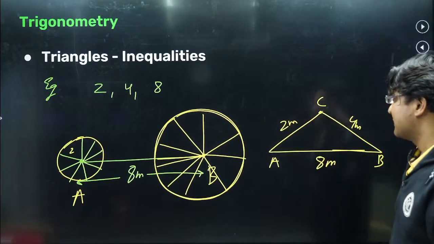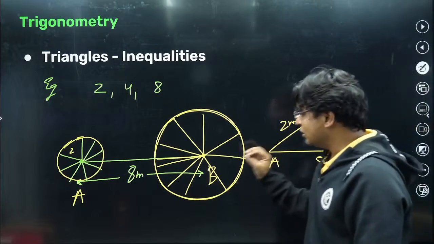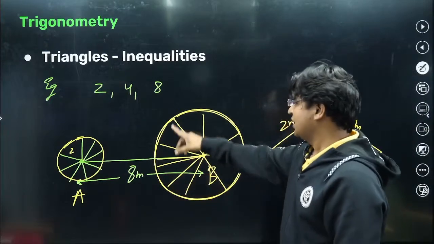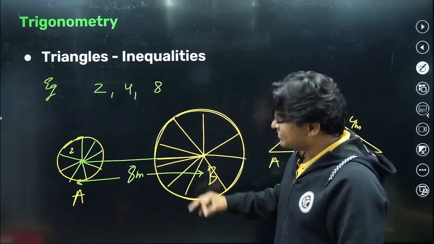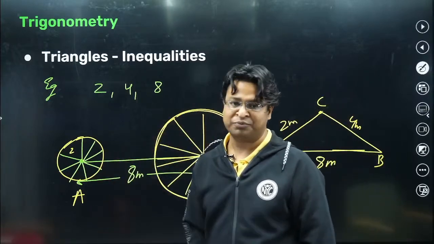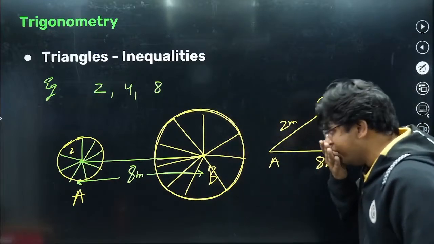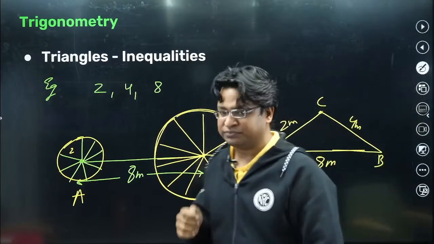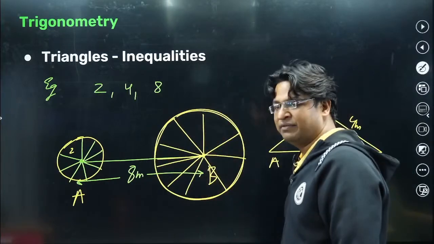Similarly, C needs to be 4 meter away from B, and all the points that are 4 meter away from B lie on this circle. So C has to be on this circle, and C has to be on this circle. Not possible. So you see why it is not possible to draw a triangle with these sides.